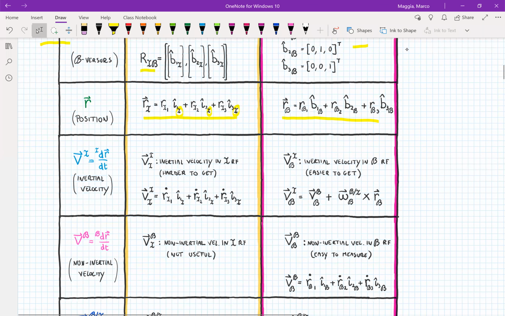Okay, so let's move on to describing the velocity of P. And now the velocity really depends on, and that's what we saw last time, whether it is a velocity relative to the inertial frame of reference or to the body frame of reference. So when it comes to VI, so in the I coordinates, then we have this expression here.